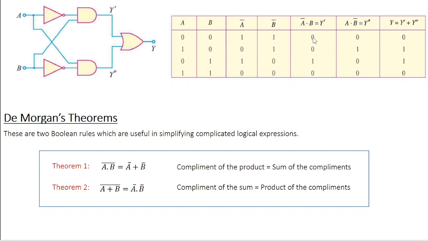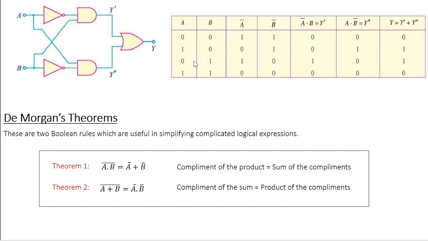And when both Y prime and Y double prime are 0, the output of Y is going to be 0 plus 0, 0. Okay. So similarly, you can construct the remaining of the truth table, and you will find that the output is going to be high only when one of the inputs is high.